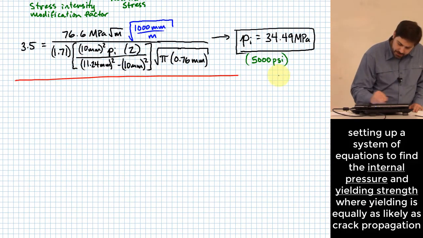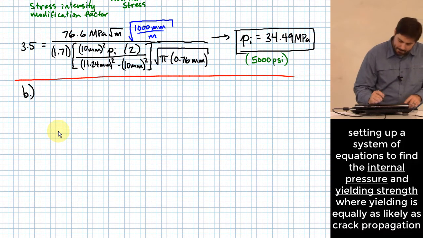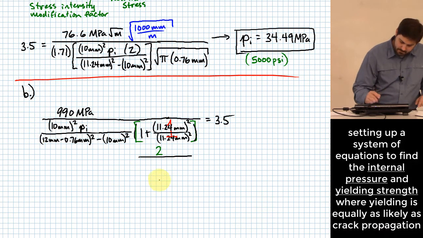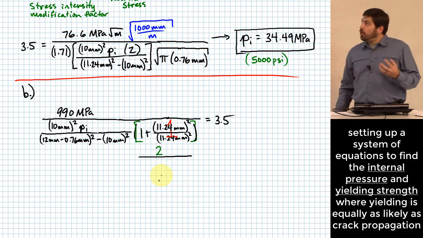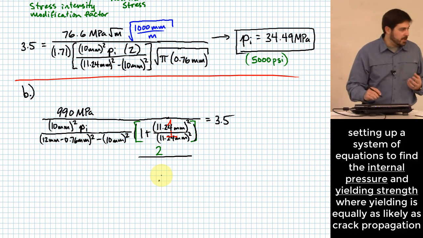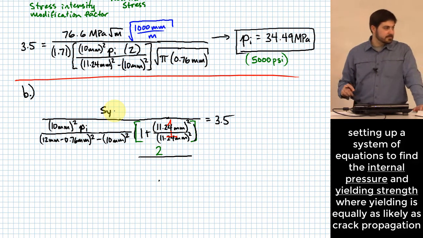We're going into part B down here. I now don't know what my yielding strength is going to be, so I need to get rid of what I had in the numerator and replace it maybe with S sub y. Do you agree with that?